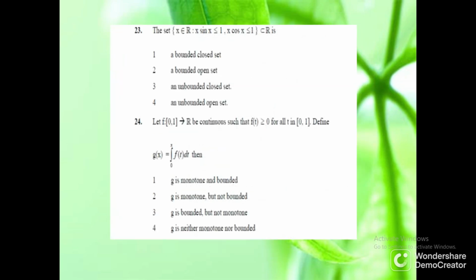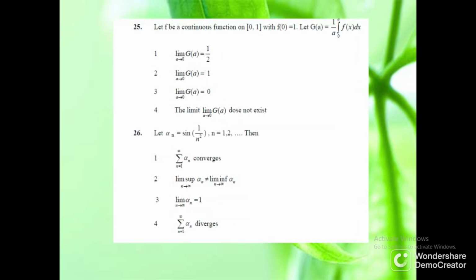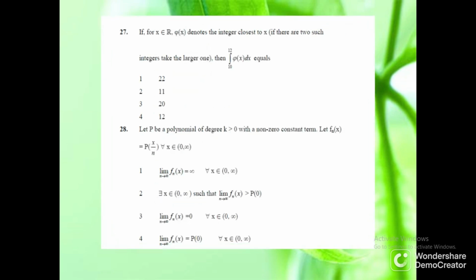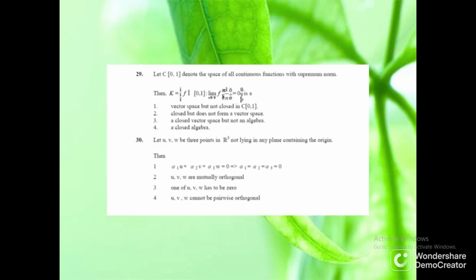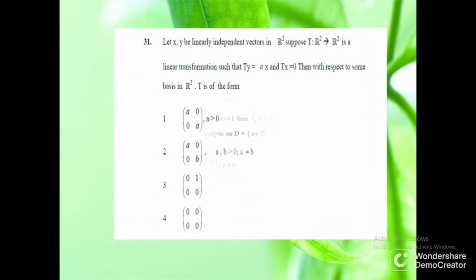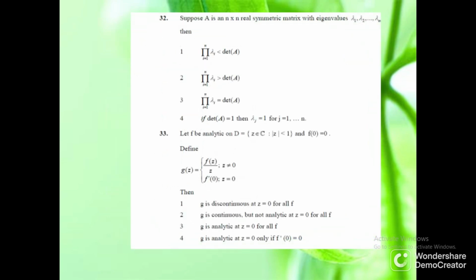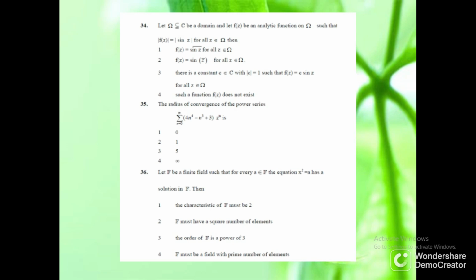Now I discuss part B. Part B is basically conceptual questions from sequences and series, Riemann integration, complex analysis, series of functions, linear transformations, and complex analysis again.